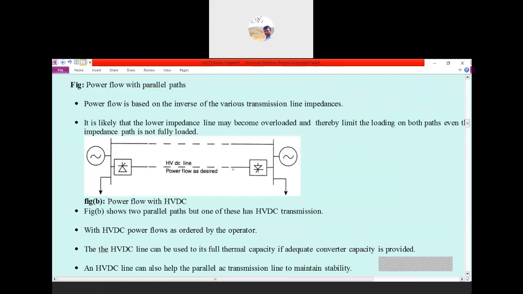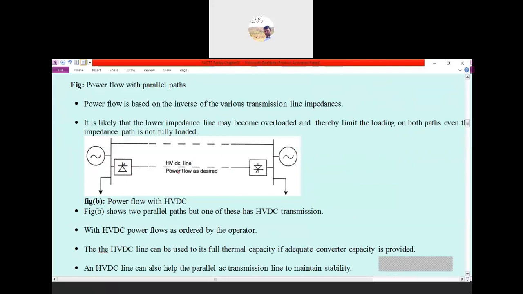So what happens here? The line with impedance X will carry 2 by 3rd of the power flow. If impedance is high, it means losses are high, that means resistance and inductance are increasing, so the power flow will decrease.